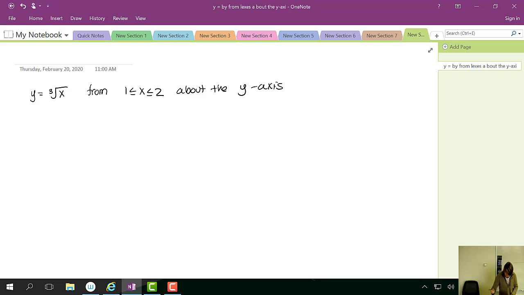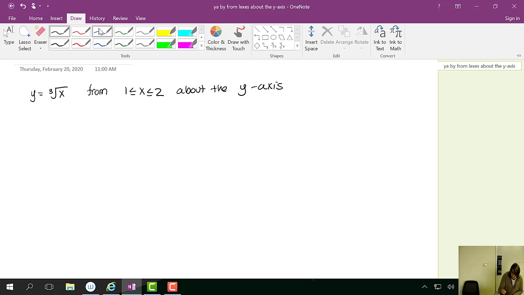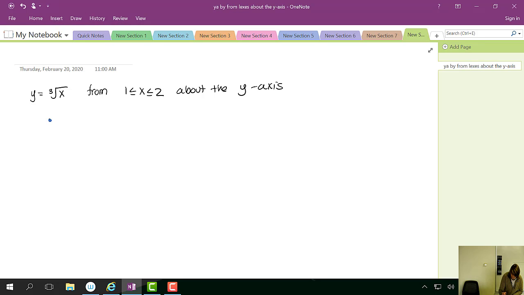Okay, let's try this. y equals cube root of x from x equals 1 to 2 about the y-axis. So important things to make note of. We're about the which axis? Y. So which variable goes outside of the square root? X, right?